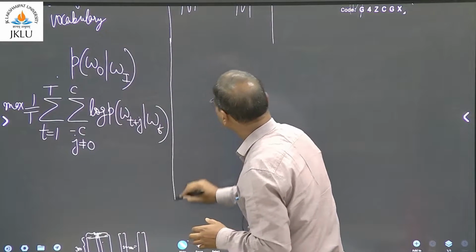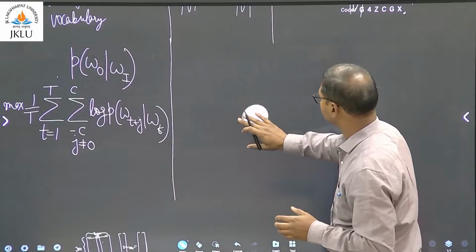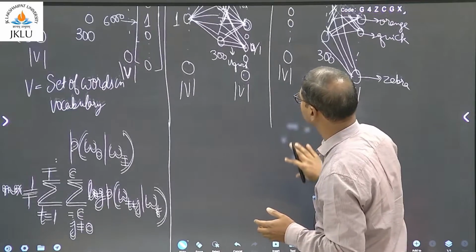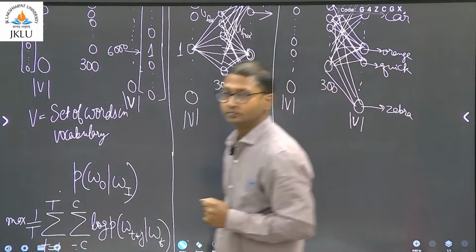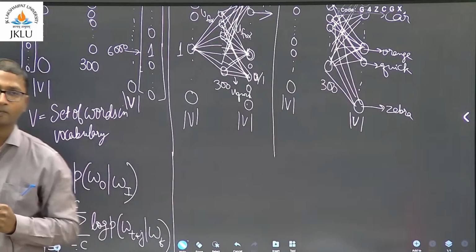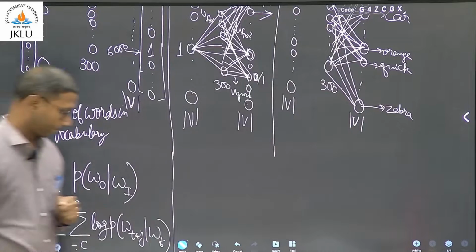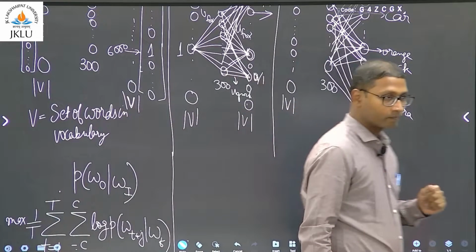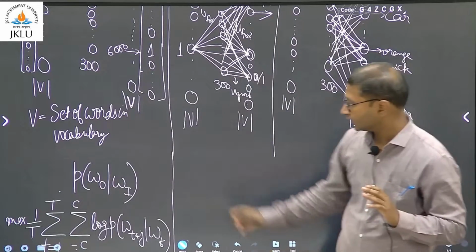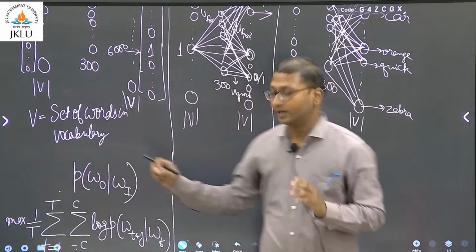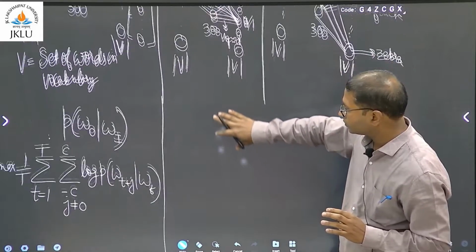Now, what comes corresponding to this guy? How does this change? Which part are you changing? This P part. Okay. And instead of this, what do you have now?